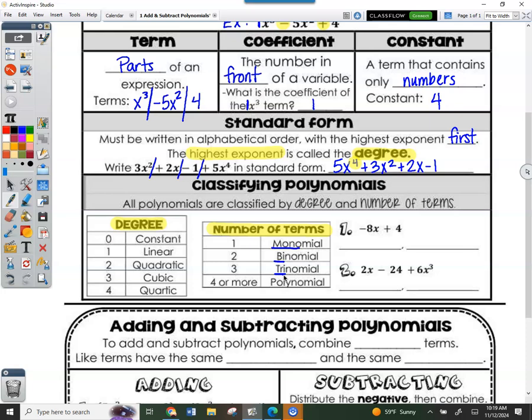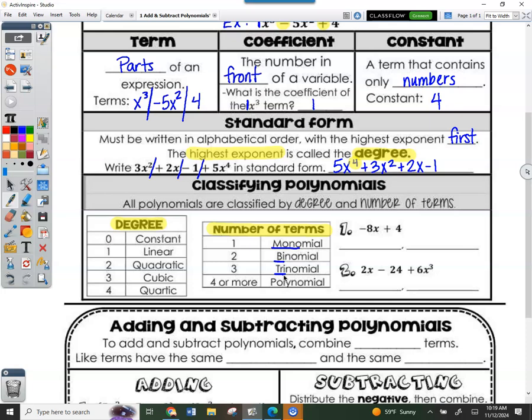Now, I'm going to give you a Delta Math assignment, and it actually expects you to know degree 4 and degree 5 sometimes. So we're going to write it, but in terms of just common practice, 1, 2, and 3 are the most important. Degrees 4 and up, you usually just say polynomial.